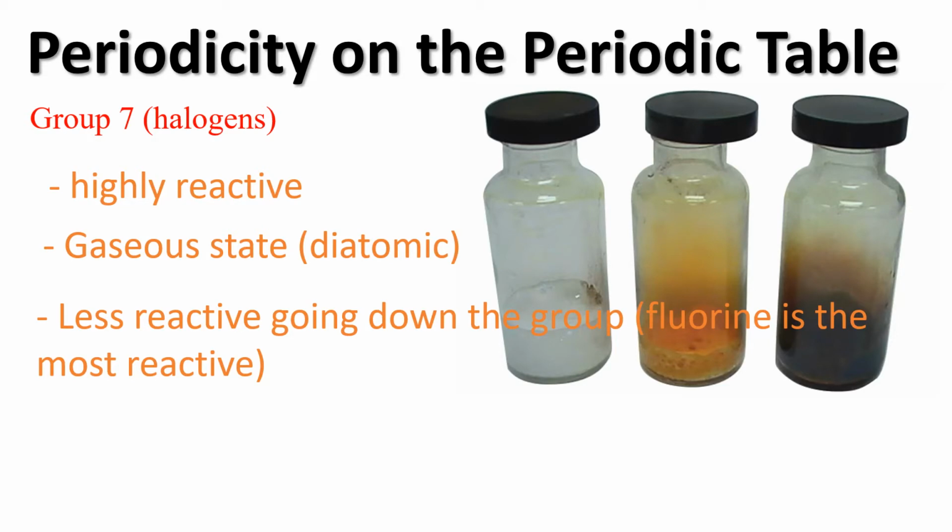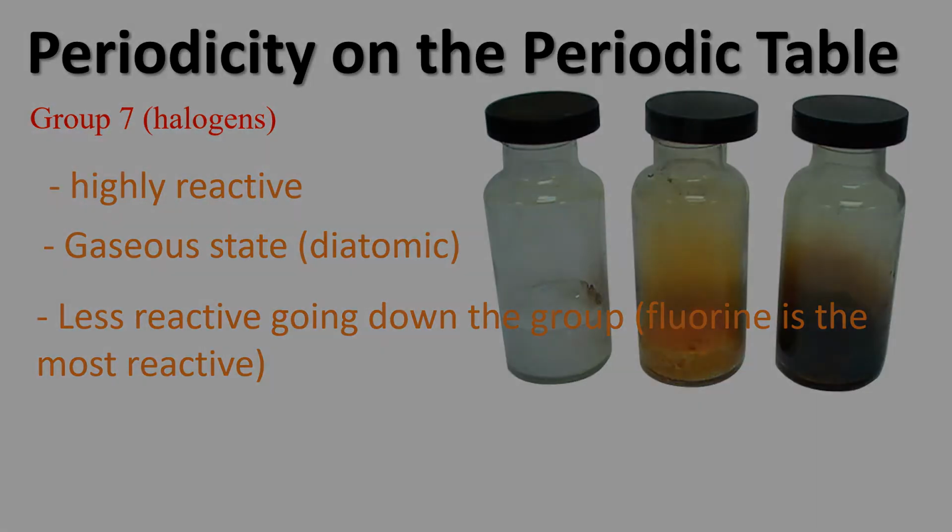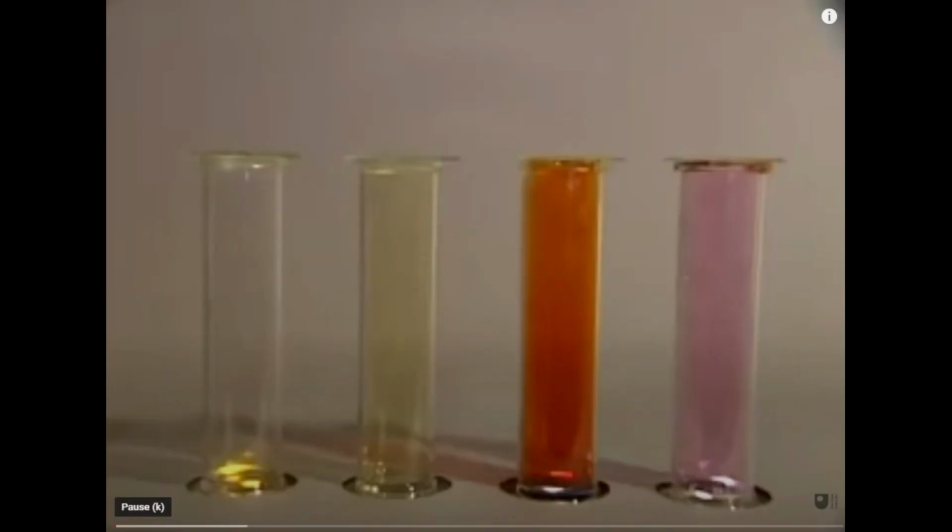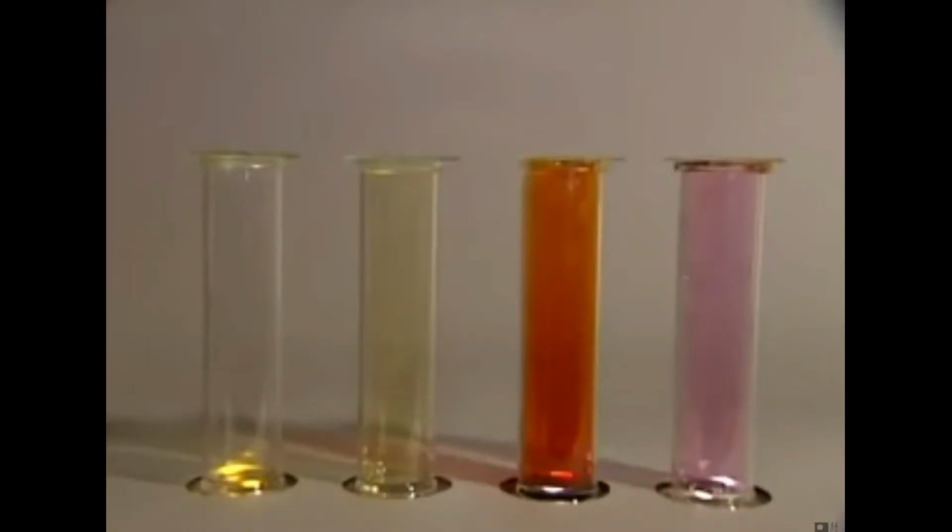I'd like to take a look at another little video here that shows how these things are quite reactive. Here are the 4 halogen elements: fluorine, chlorine, bromine, and iodine. Fluorine on the left is almost colorless. Next comes chlorine, which is greenish yellow.